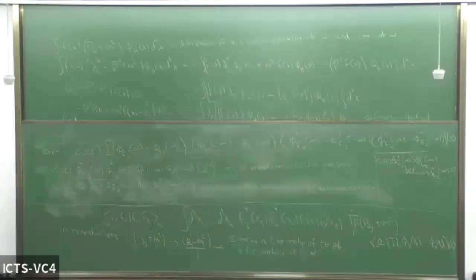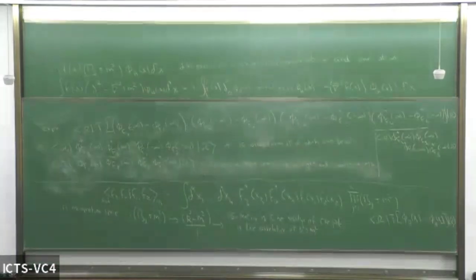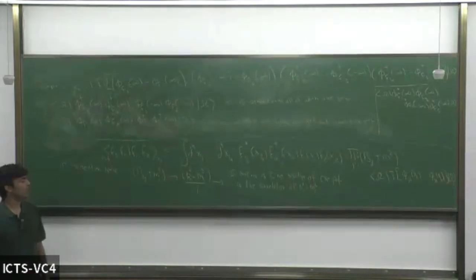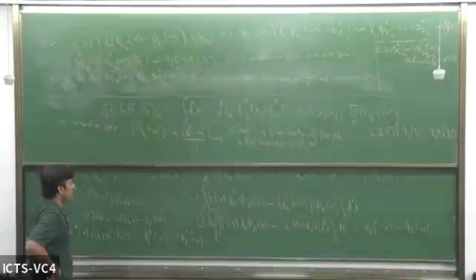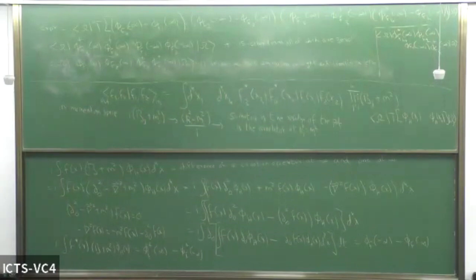Okay, let me emphasize a very important thing about this. This is related to what we just said, right? In this LSZ reduction formula, how do you define the field phi h? What is the field phi h that goes into defining the formula?